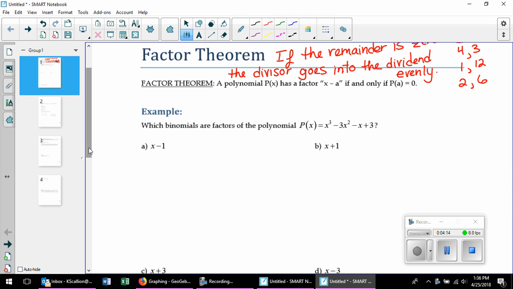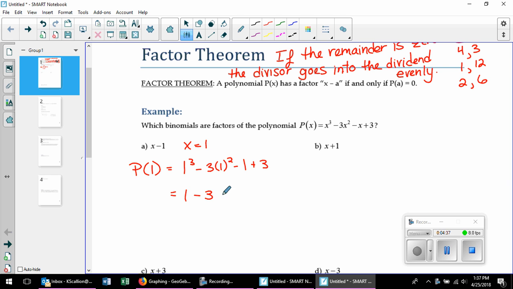So it says which binomials are factors in the polynomial. Easy peasy. We solve this one. x is equal to positive 1, so we are subbing in positive 1. We've got 1 cubed minus 3 times 1 squared minus 1 plus 3.